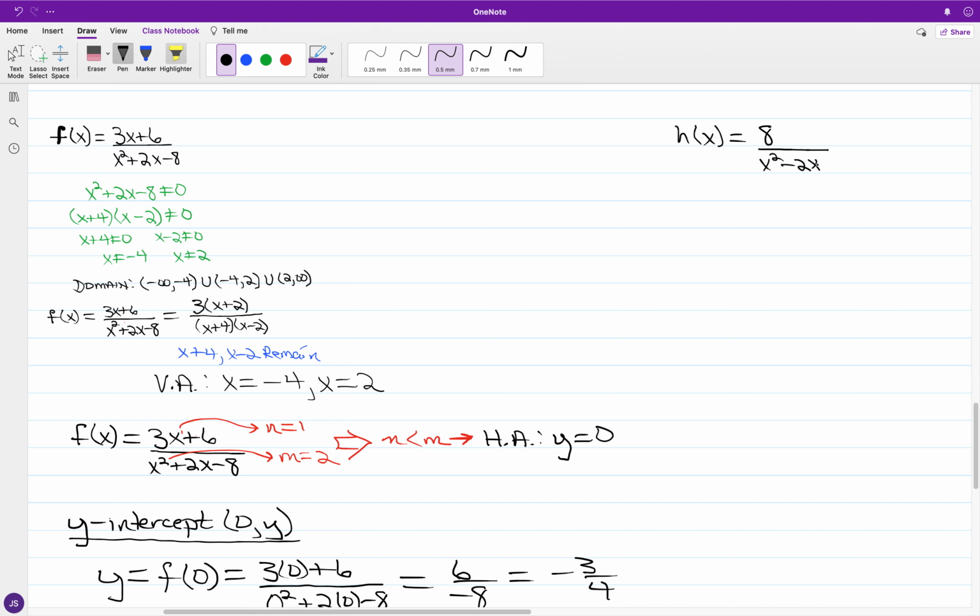Okay, and just looking for the domain. So you have the factoring. Now this ratio already has a constant in the numerator, so that is already in simplest form.